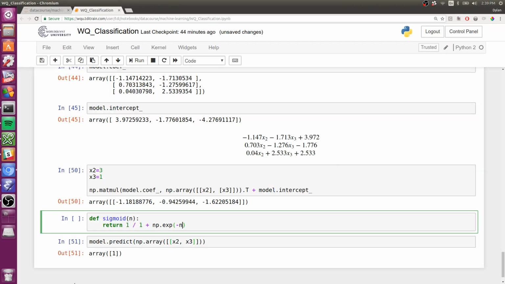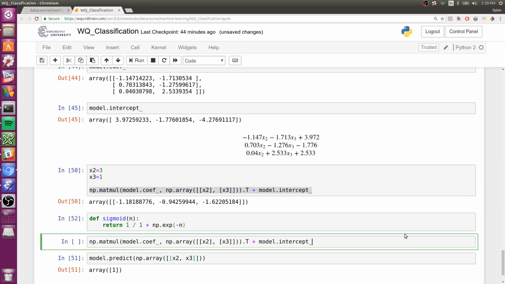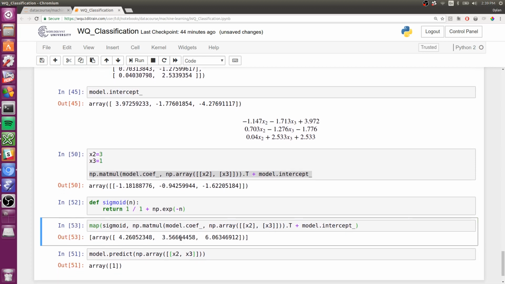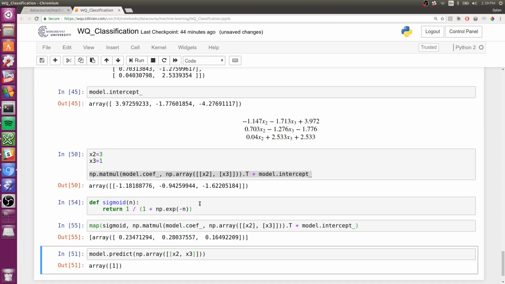Yes. So if we apply the sigmoid, there we go.